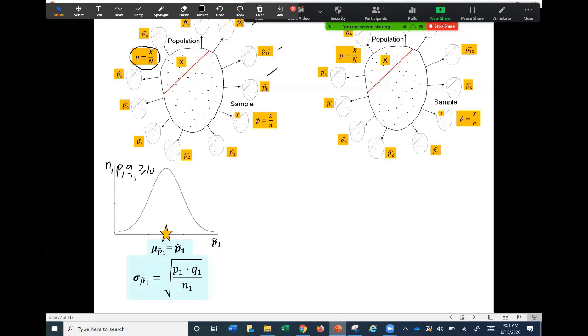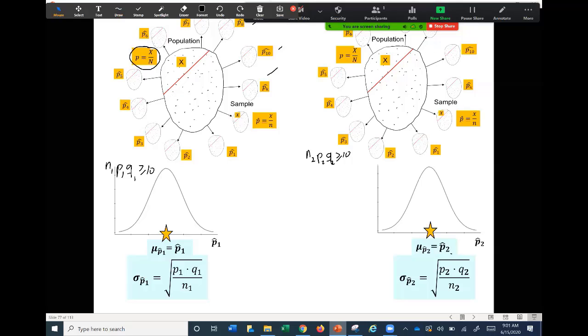If this sample also is big enough, meaning the sample size times the population proportion times its complement is greater than 10, then the distribution of all sample proportions, all with the same size, follows a normal distribution, the center of the distribution will be the true parameter again, and the standard deviation will be given by this formula.